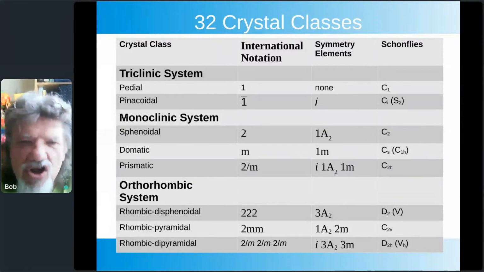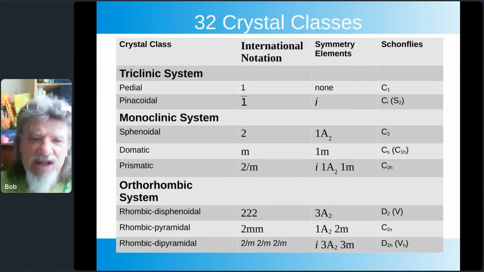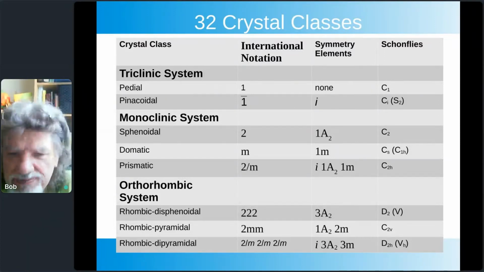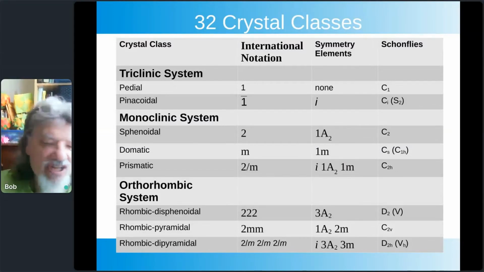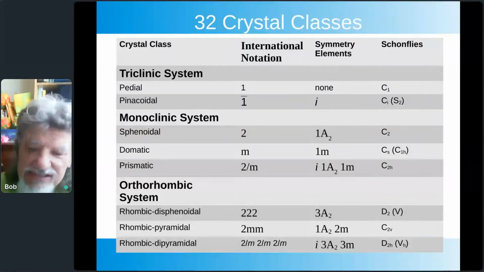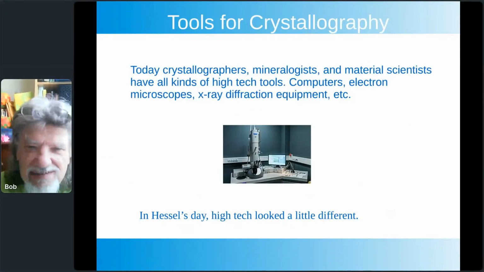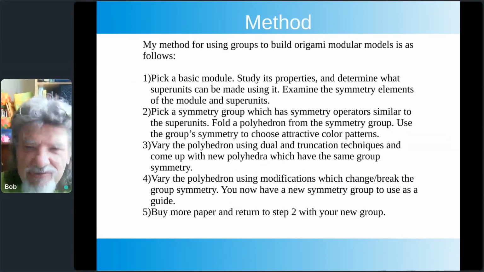All right. Real quick, the orthorhombic system. This is basically your rectangular box. It's got 90-degree angles, and three axes of twofold symmetry, one through each pair of faces. I have a picture of a box here.